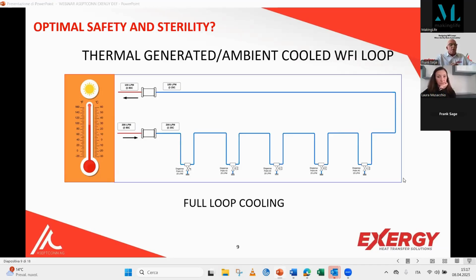You've highlighted very well the three most prominent ways of generating WFI. And I think it's important to remember that when we now come to consider how we distribute WFI, it's in the distribution and the dispense of WFI, regardless of how we choose to generate it, where all of these issues really come to the fore.